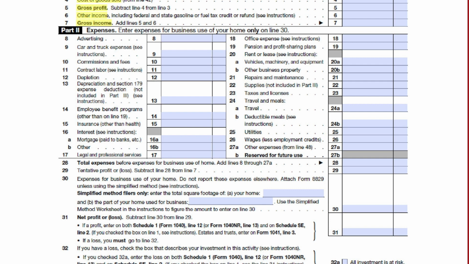And then Part 2, the heading, highlight, expenses. So we have all the expenses out here, and on line 28 it is, highlight, total expenses. Line number 30 is, highlight, expenses for business use of your home. And that gets us to line number 31, which is, highlight, net profit or loss from business.